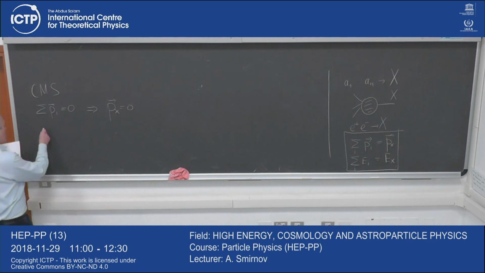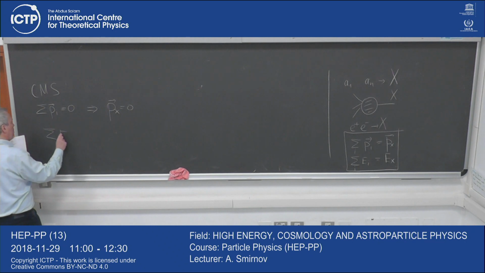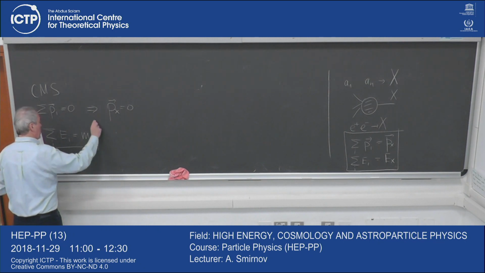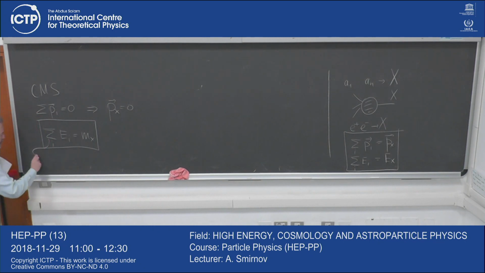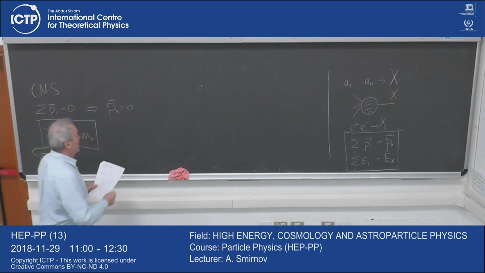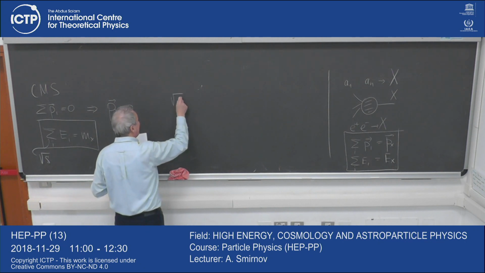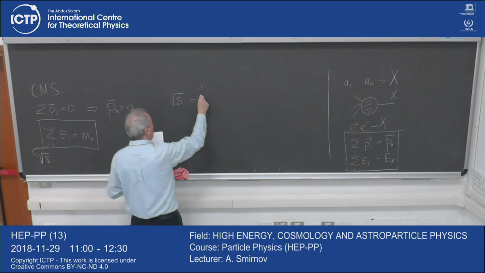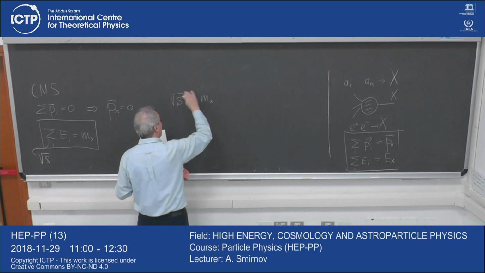And therefore, the second equation becomes: the sum over the energies is equal to the mass of the particle. And this is nothing but our square root of s. Which means that square root of s for such a process equals the mass of the particle.